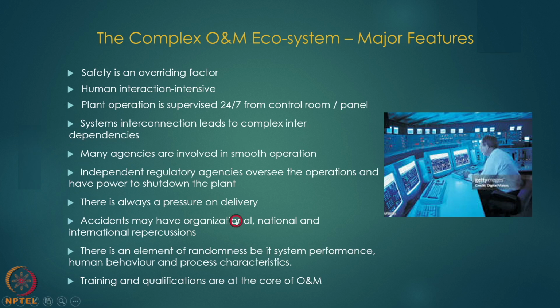So, you can see one operator, there are so many computer systems. Earlier there used to be hard logic and all that. Now we have this computer based system, which provides effective information over here in the control room, so that plant safety can be ensured. So, again, for any plant, safety is an overriding factor.